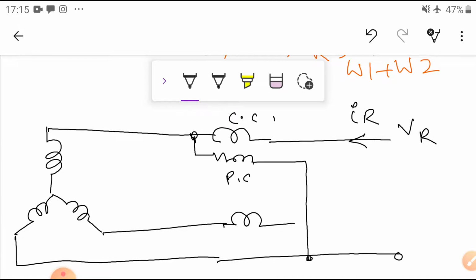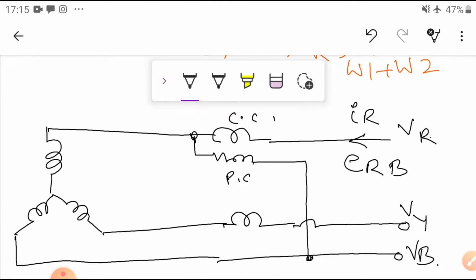E R phase, and this is connected here, YB. So VB and VY. This is connected across these two phases, R phase and B phase, so we can say this is VRB.